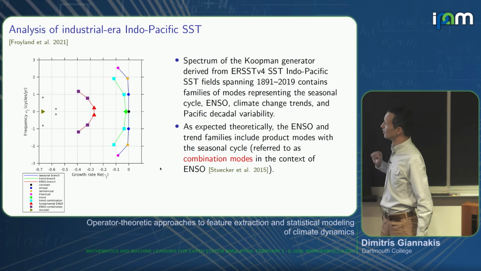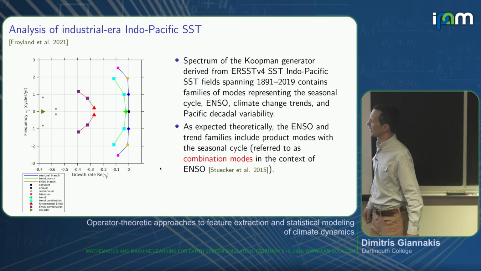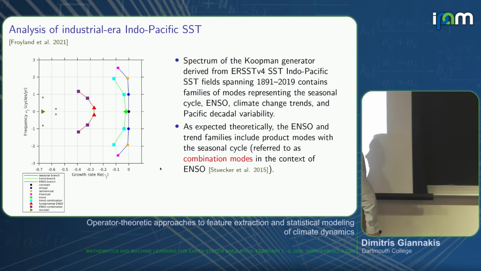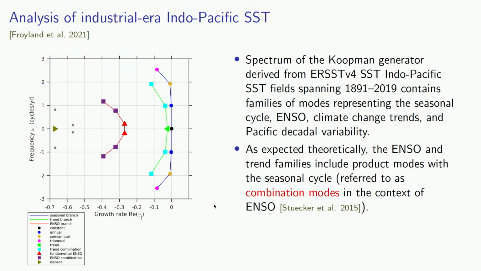So in this example, we took data from a control integration of a climate model, and this is showing a numerical spectrum of the so-called Koopman generator. This is an infinitesimal generator of the Koopman group in continuous time.